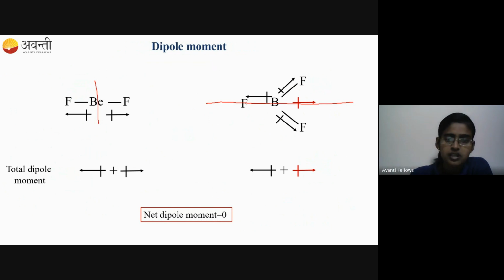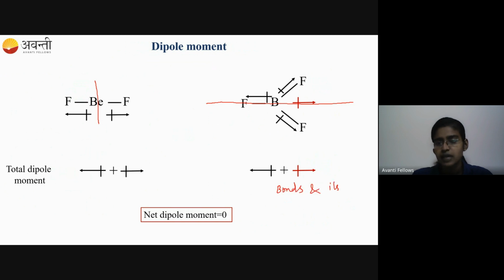Got it? Some more information about dipole moment I will discuss in the next class because it is already time. You have to go for the next class, right? It's 3:56, so I'll stop here. You go and study the topics which we have discussed. So what have we discussed today? Today we have discussed all the types of bonds.